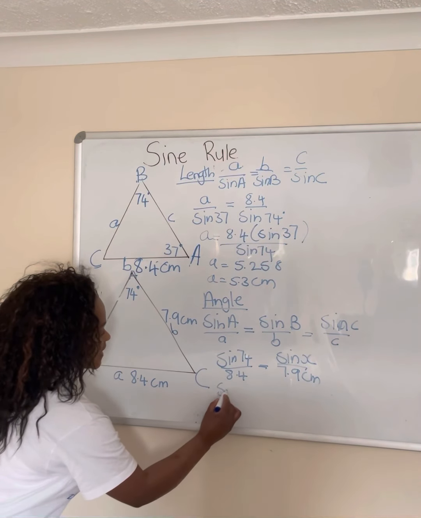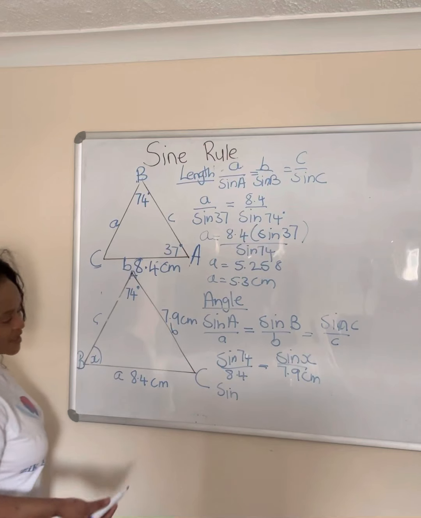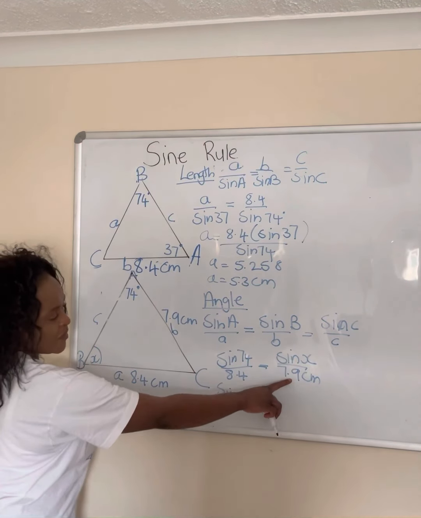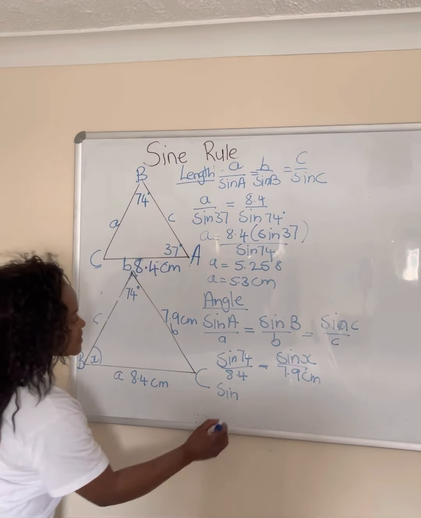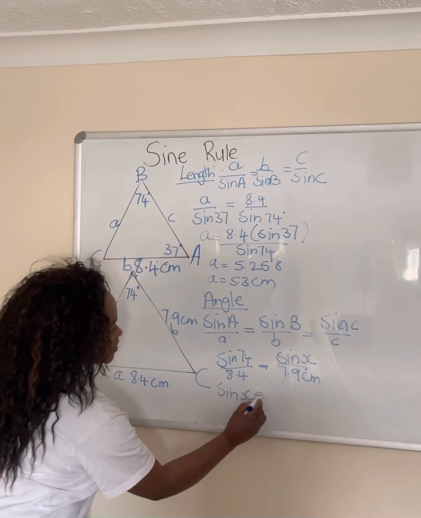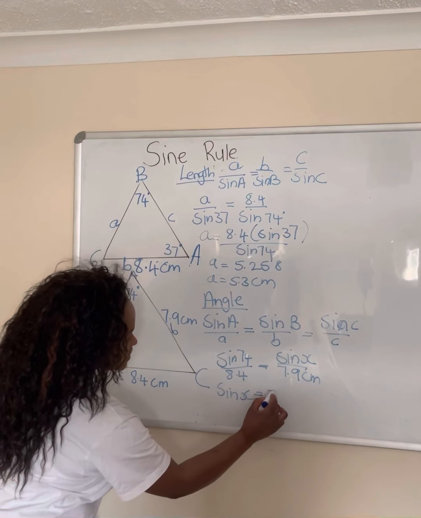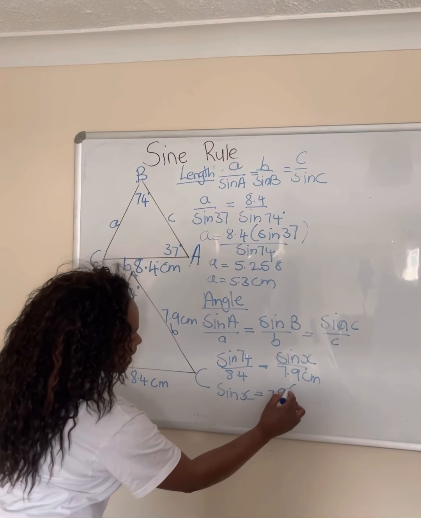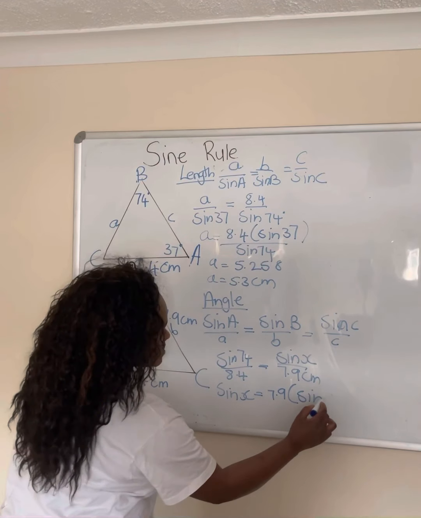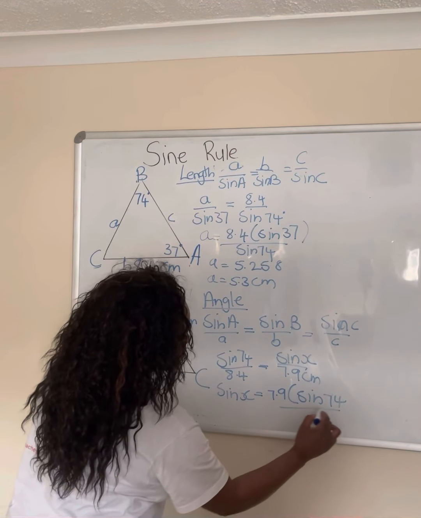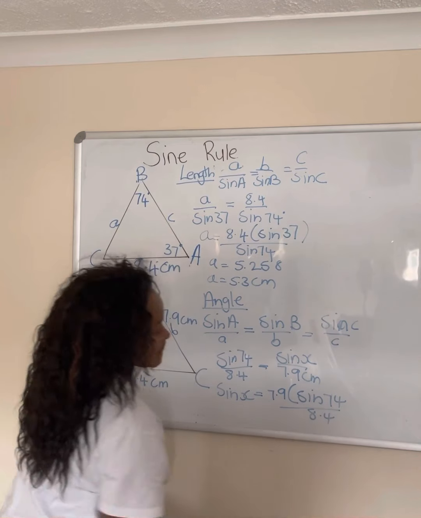Now I need to make sine X the subject of the formula. So I'm multiplying both sides by 7.9. Which means sine X is equal to 7.9 times sine 74, everything over 8.4.